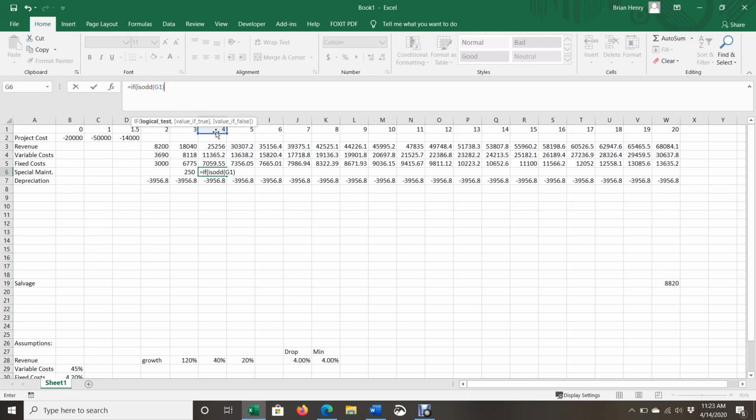So we only want it to hit in odd numbers years. And so in year 4, it's going to ignore it.